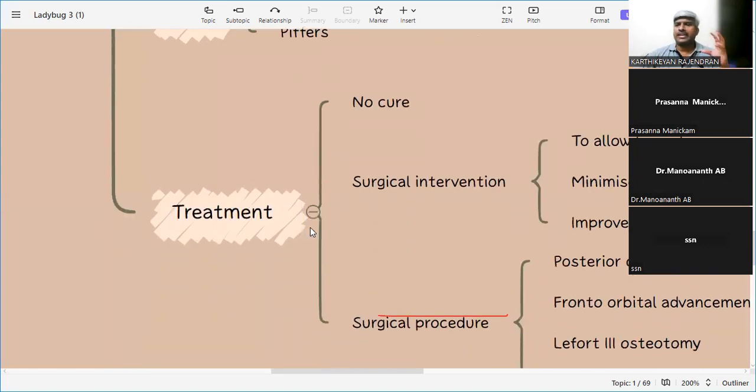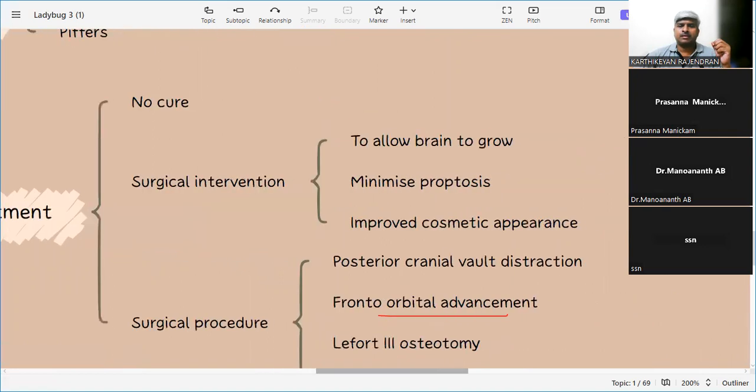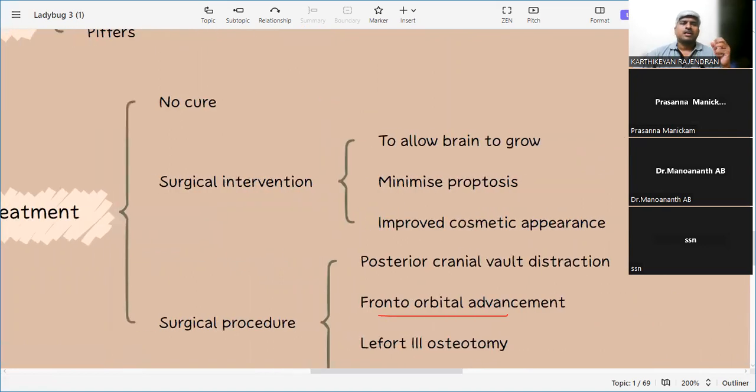Coming to the treatment, because this patient has a lot of problems, treatment is more complicated. This patient has no cure, and only surgical intervention treats these problems.